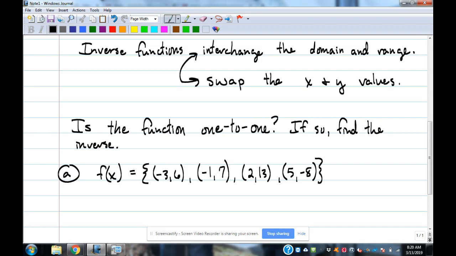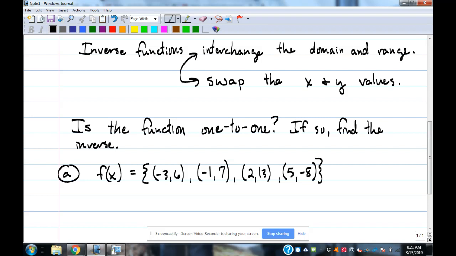I'm telling you it's a function by using function notation, but verify that for me. Is it a function? What are we looking for to make sure it is? No repeating x values. So at -3, -1, 2, and 5, all those are different, so we don't have any repeating x values. So yes, it is a function.